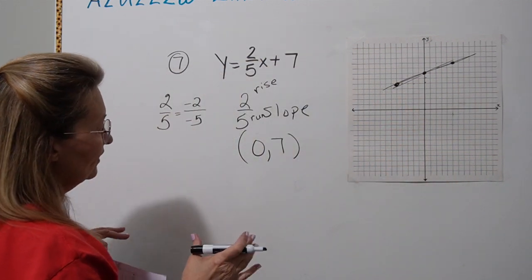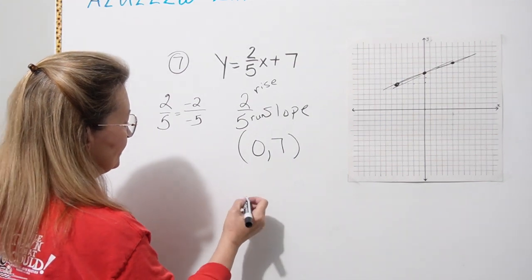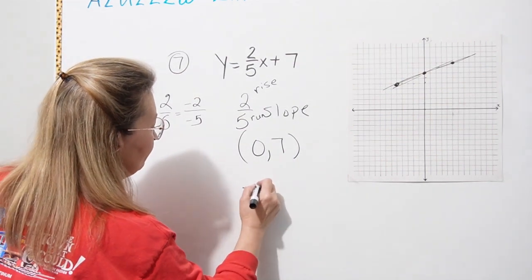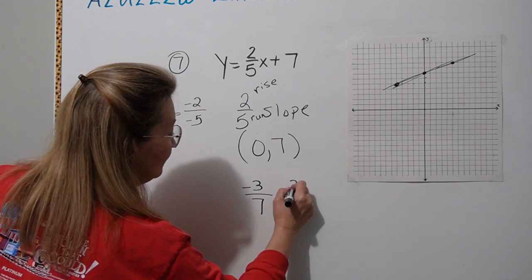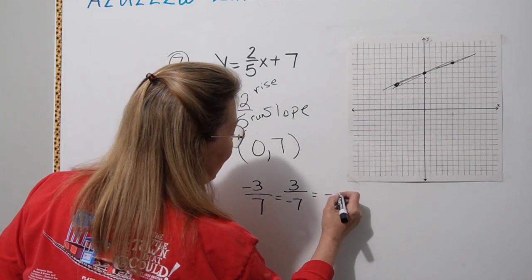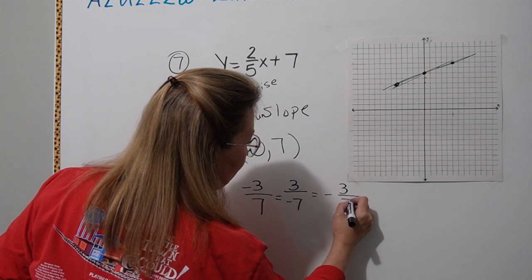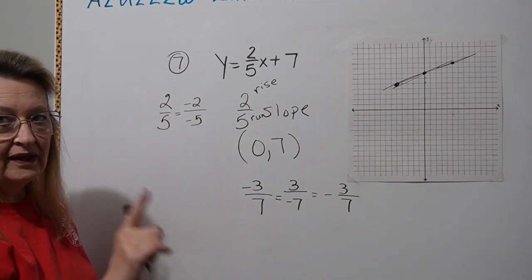And this is one thing that I get asked a lot about: where to put the negative. I want you to pay attention to this. If I have, say, -3 over 7, that is the same thing as 3 over -7, and that is the same thing as -3 over 7. All of these things are negative. One negative.